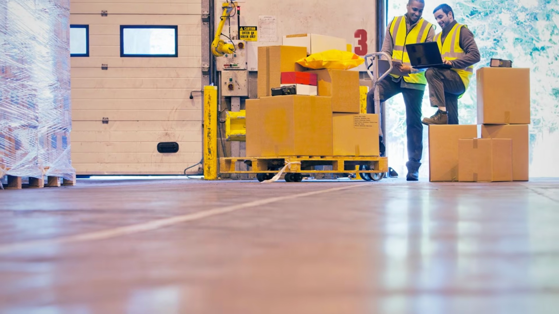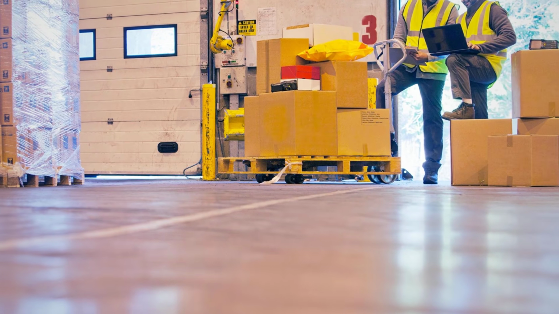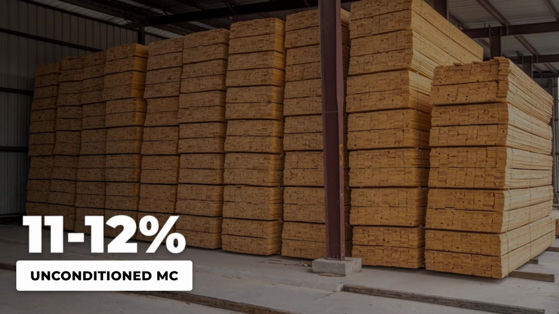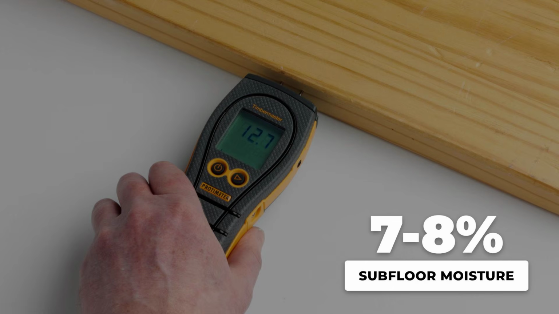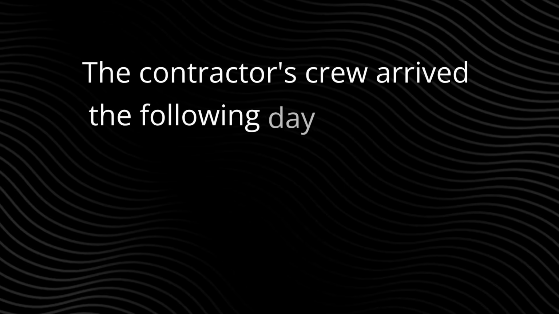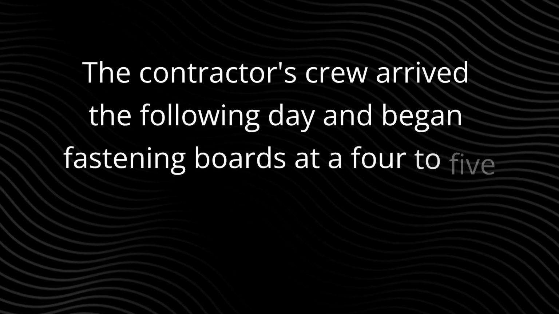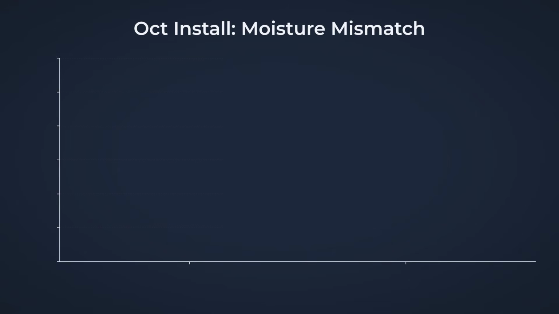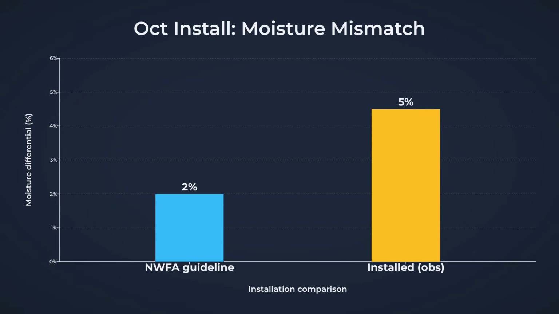The flooring arrived from a regional distribution center conditioned to the warehouse's equilibrium moisture content, approximately 11 to 12% for an unconditioned storage environment in her climate zone. The subfloor, after 4 months of air conditioning, was at 7 to 8%. The contractor's crew arrived the following day and began fastening boards at a 4 to 5 percentage point differential above the subfloor, a differential that the NWFA's 2 percentage point requirement specifically exists to prevent.